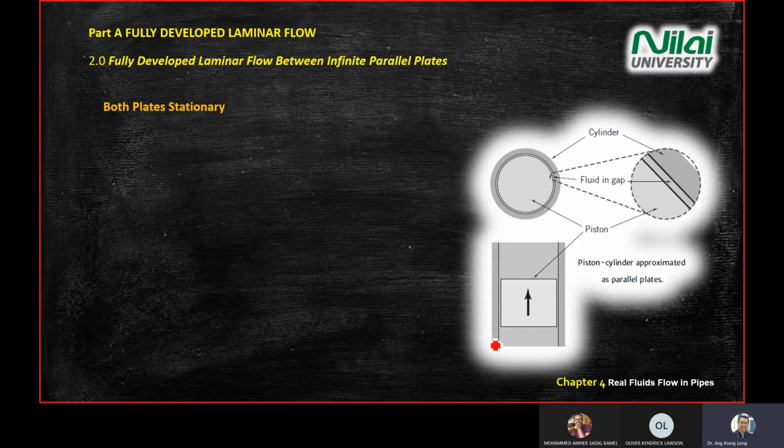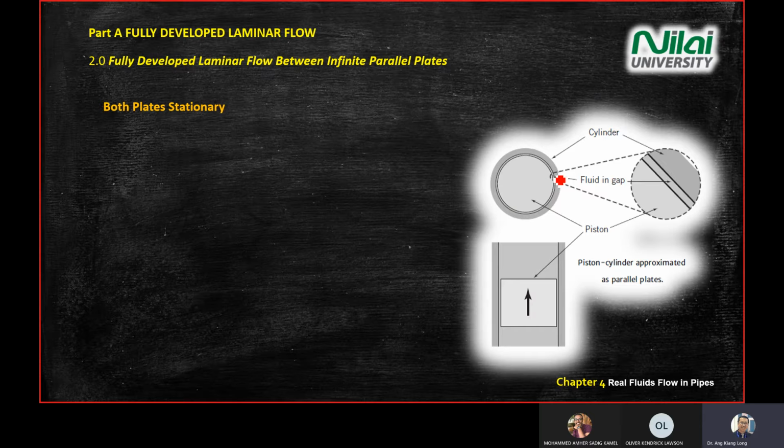Looking at the bottom diagram, you have two walls, which is the engine block, and then you have a piston that moves up and down. If you view from the top, you will see that the outside circle is the cylinder block and the inner circle is your piston.